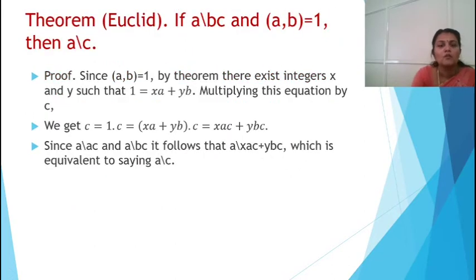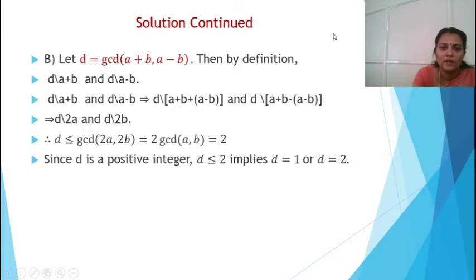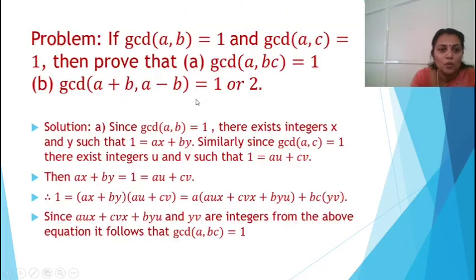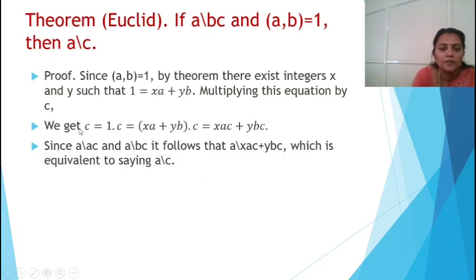Now we have one more theorem. If a divides bc and GCD of a and b equal to 1, then a divides c. Since GCD of a and b equal to 1, by the theorem there exist integers x and y such that 1 is equal to xa plus yb. We can multiply the whole equation by c.